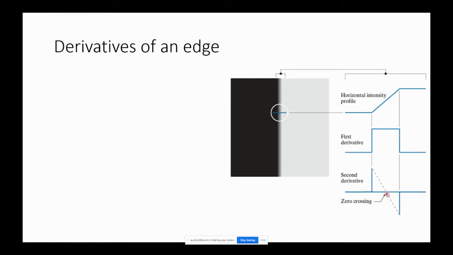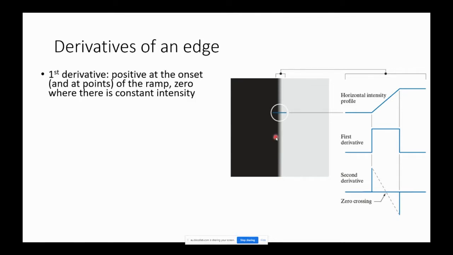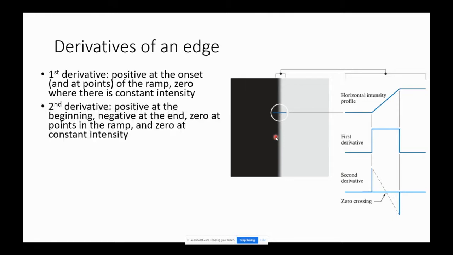So the point of the zero crossing is the very middle of the edge that I want to detect. Basically, the first derivative will be positive at the onset of the ramp and 0 where there is constant intensity. The second derivative will be positive at the beginning and negative at the end, and 0 at the middle point of the ramp and 0 at the constant intensities.